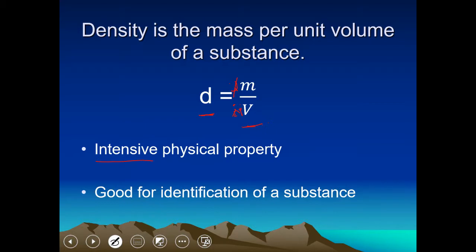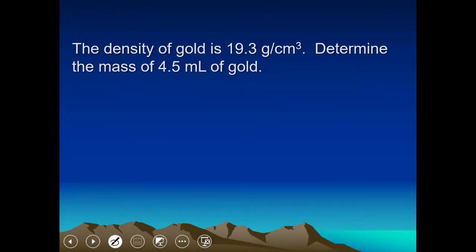You could have a bathtub full of water and it's still going to have the same mass to volume ratio. It's a physical property because you can measure the mass and the volume without changing the substance at all. So they're just physical measurements that you take and the substance retains its own identity. For the reason that it's a physical property and intensive, doesn't change with the sample size, it's really good for identification, and we'll try and use it like that in the lab.